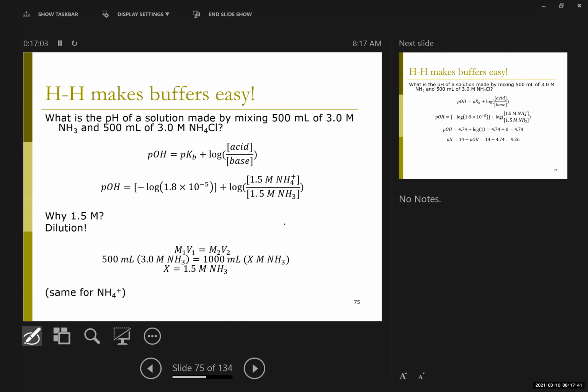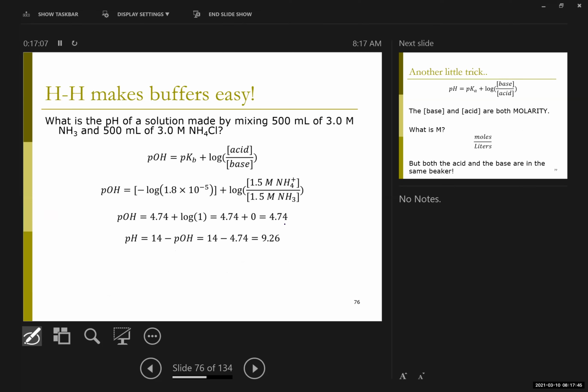And so the ammonia and ammonium both had initial concentrations of 1.5 molar. And voila, without an ICE chart, without a K equation, I have managed to solve for the pH of my buffer. So again, Henderson-Hasselbalch does short circuit the process.